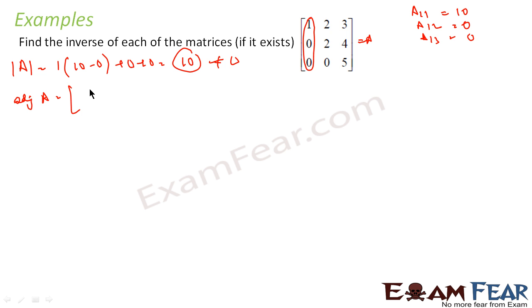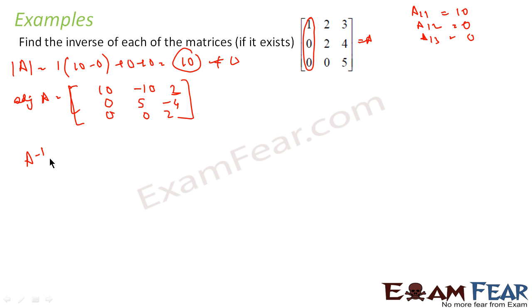It's very simple. So the adjoint of A finally will come out to be 10, minus 10, 2, 0, 5, minus 4, 0, 0, 2. If you're having difficulty in finding this, try once on your own. If you still have difficulty, watch my previous examples where I have told how to find determinants and how to find the adjoint of a matrix.